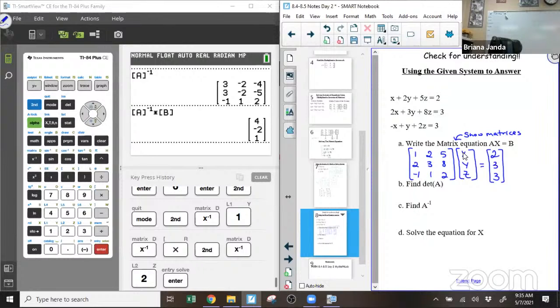Part B, we go to our calculator. Part C, we go to our calculator. Part D, we go to our calculator. Okay, I'm going to let you guys work on that on your calculator while I work up here as well, and then I'll be around to help.